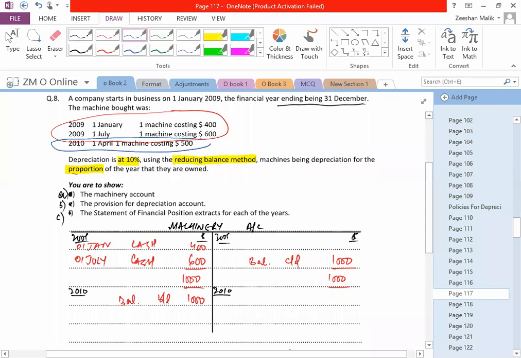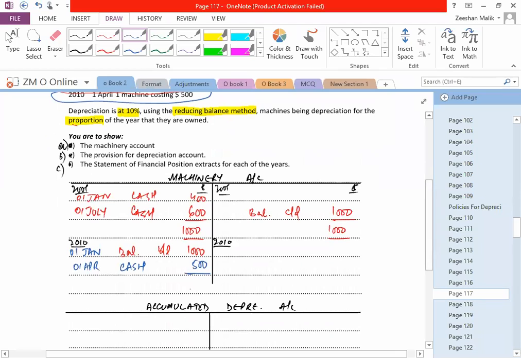Sir, another asset purchased for 500, and this time it was purchased on 1st April, again against cash. That's all. Accounts close, balance is transferred, balance carried down and balance brought down.